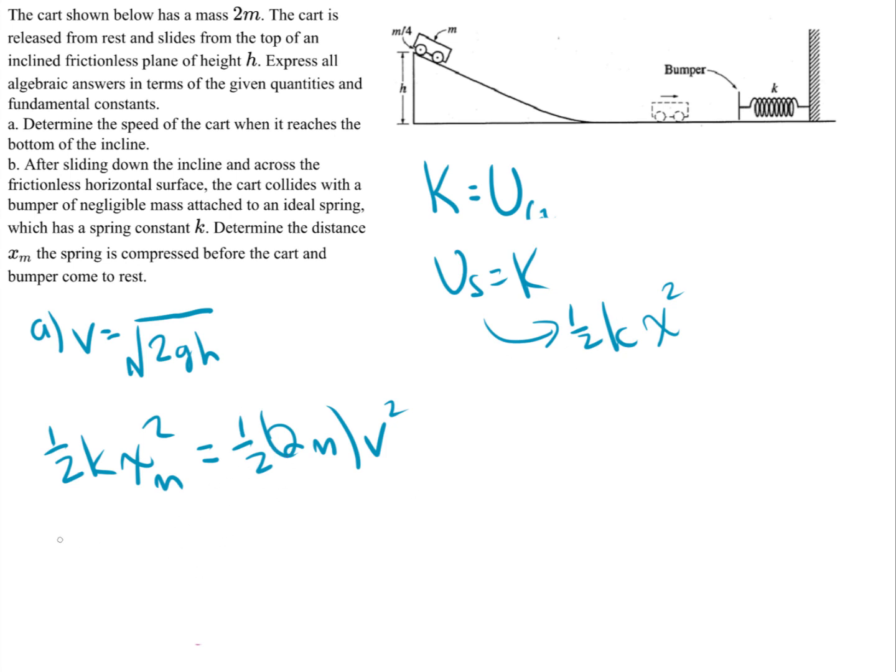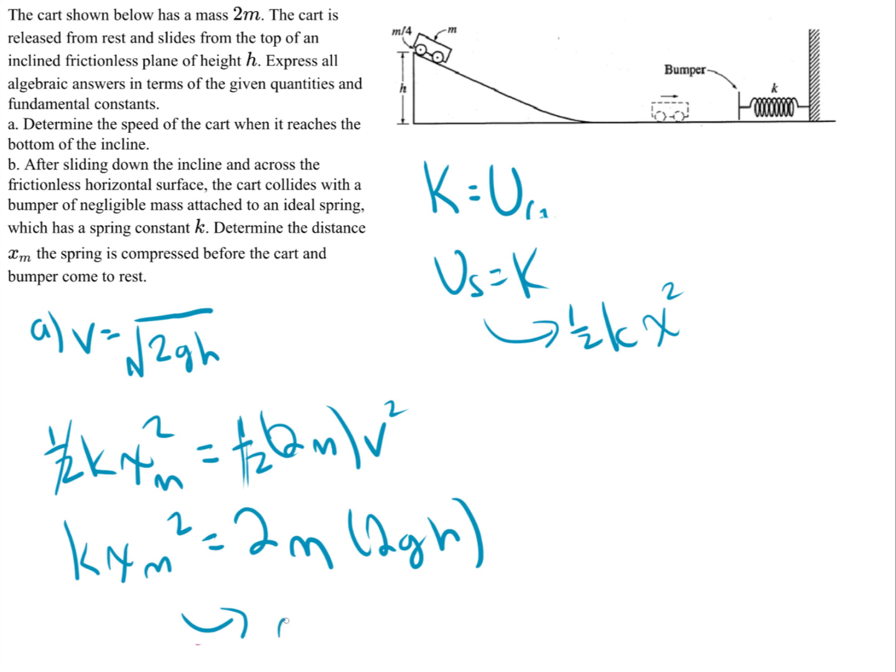So the two 1/2s cancel out, so we get kx squared is equal to 2m times the velocity squared, which is simply 2gh. So the distance the spring is compressed squared is equal to 4mgh divided by the spring constant k.